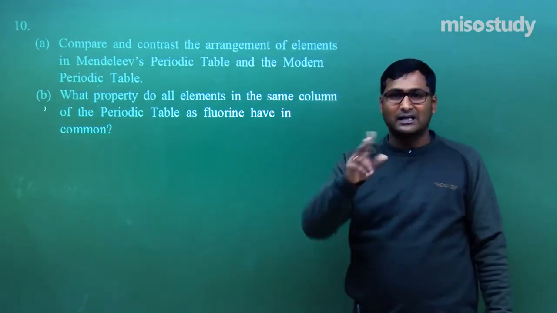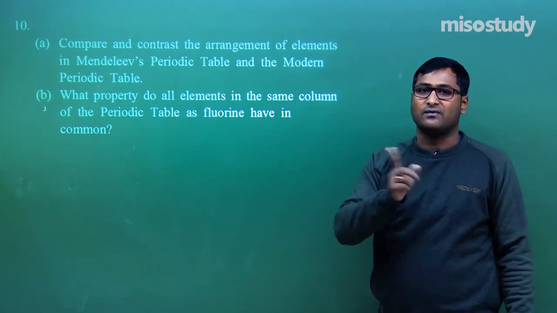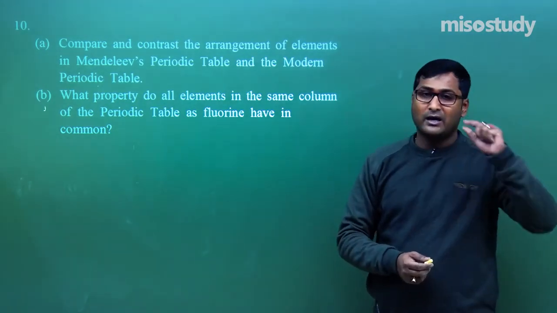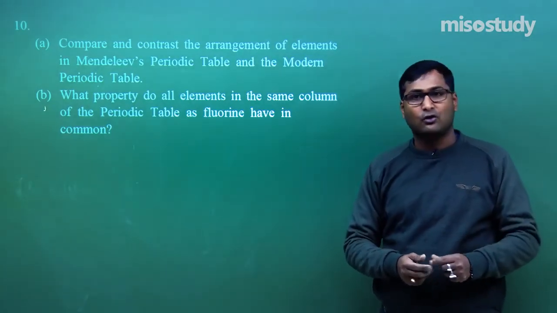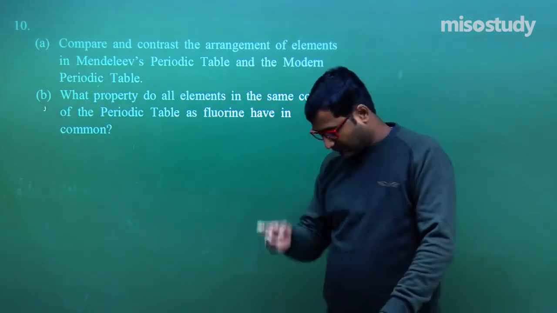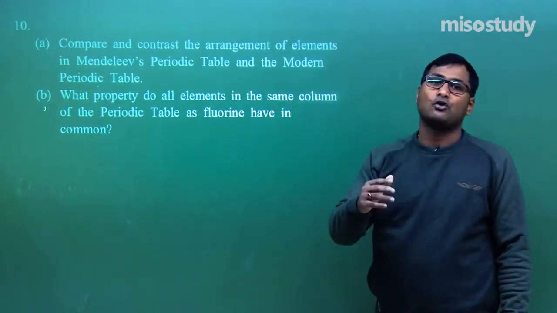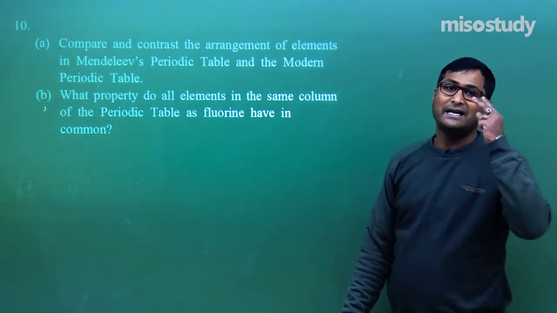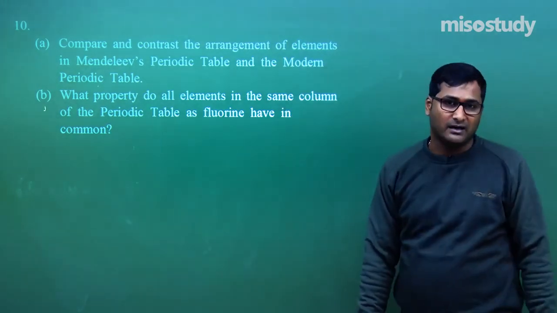In the modified Mendeleev periodic table, the 8 groups are further divided into subgroups like 1A, 1B, 2A, 2B, and group 8 was not divided. After the discovery of inert gases, group 0 was added. But in the modern periodic table, we know there are 18 groups and 7 periods, my friend.